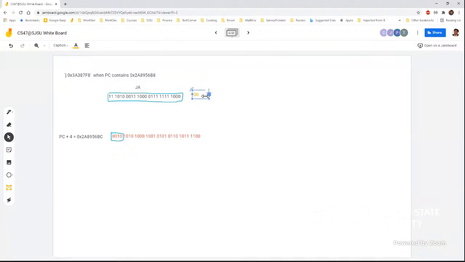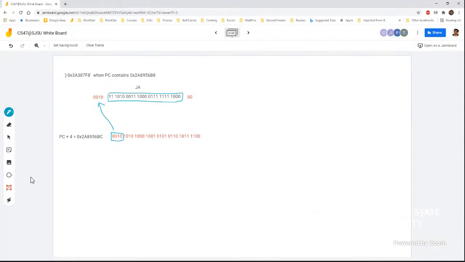So you construct that. This is the 2 zeros and 4 bits coming from the PC, which is 0010. So this guy is coming right over here.